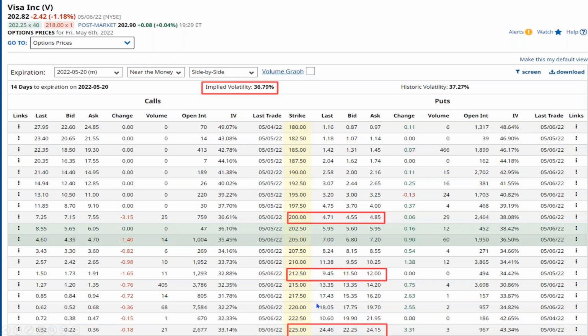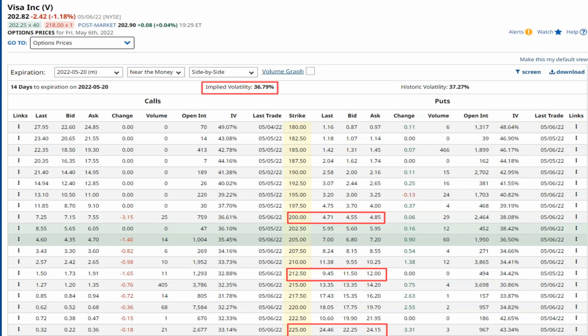So let's look at this trade down here on the bottom. Our 225 put that we were long is now worth, going into the close, somewhere between $22.25 and $24.15.